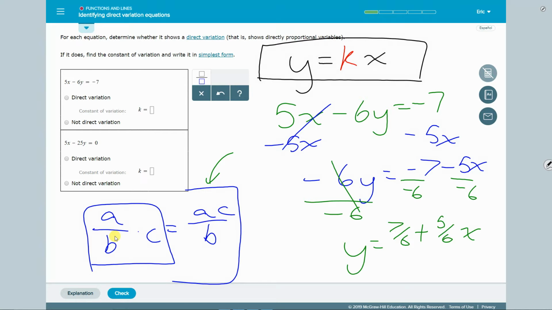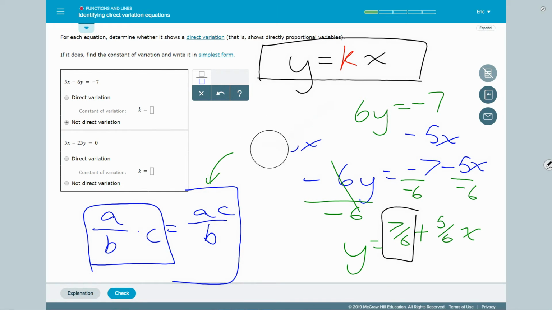There is nothing else. No addition, no subtraction, nothing. Because of this positive 7/6, it is no longer a direct variation, but just an equation, technically an equation for a line. So this one specifically is not a direct variation.